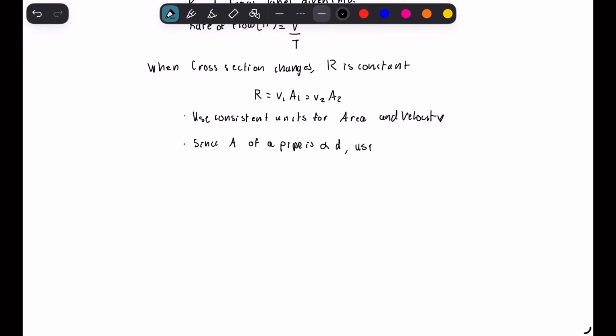In addition, since the area of a pipe is proportional to diameter, a more useful equation would be V1 D1 squared is equal to V2 D2 squared.